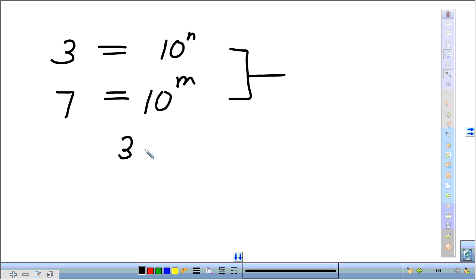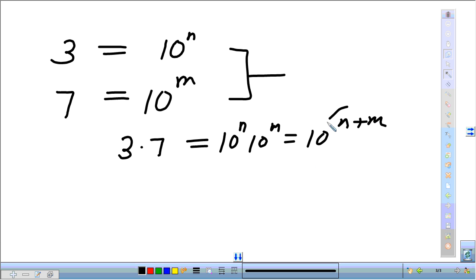So something like 3 times 7 would be computed as n plus m. So if we had n and m, instead of doing a product, we would do a sum.